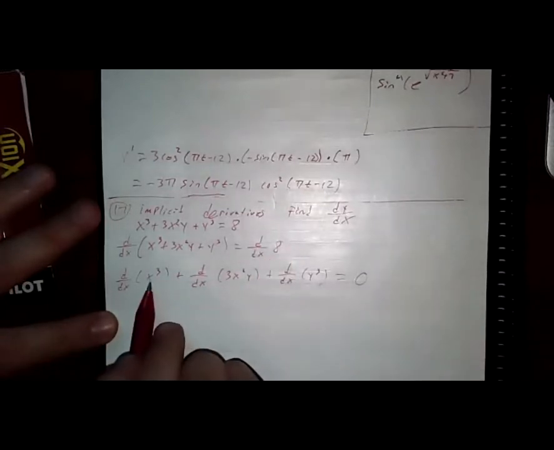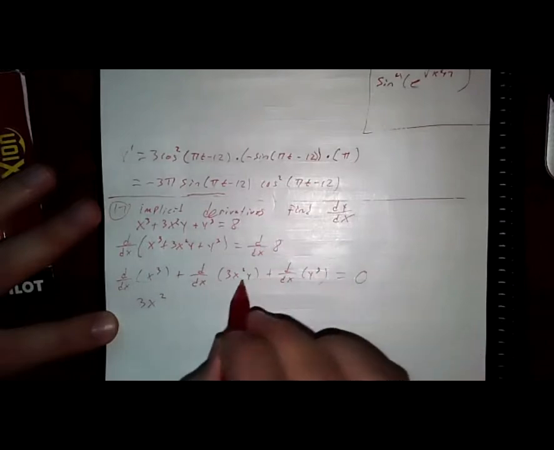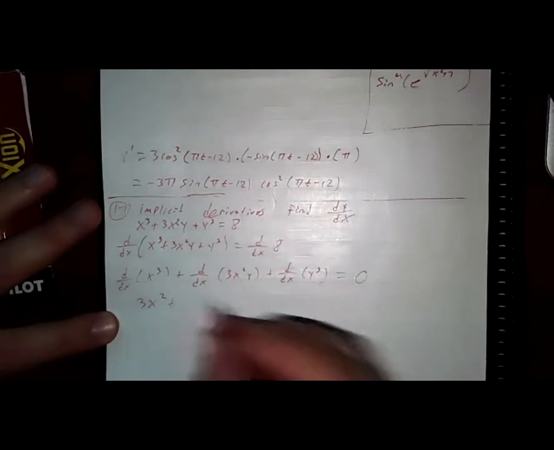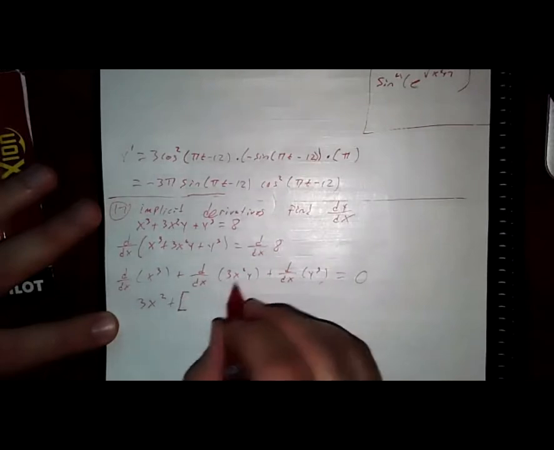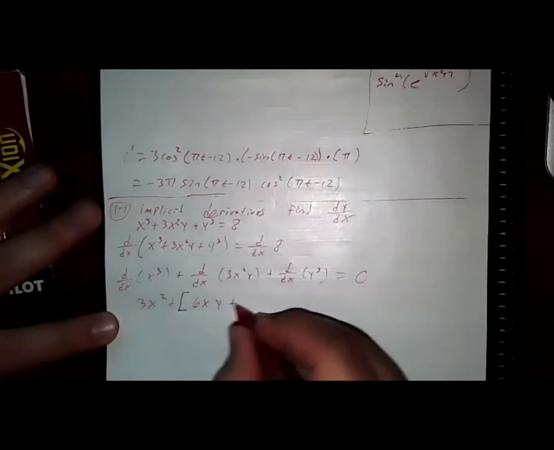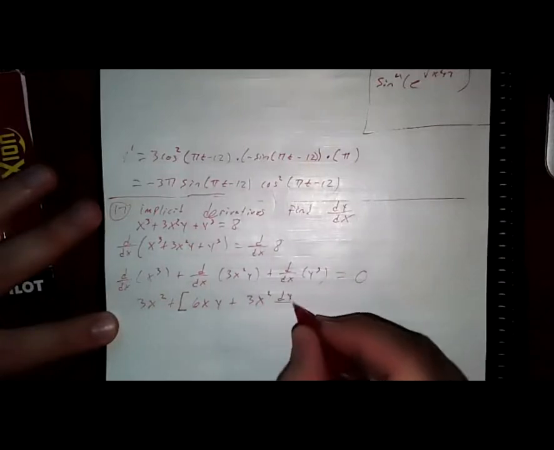So the derivative of x cubed, no big deal, right? The derivative of this is going to be a product rule. So that's the hard one. That will be the derivative of the first times the second plus the first times the derivative of the second.